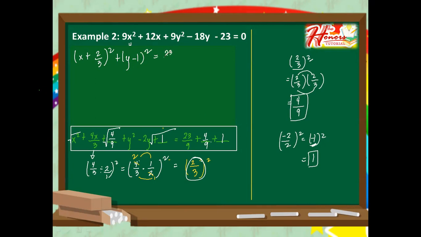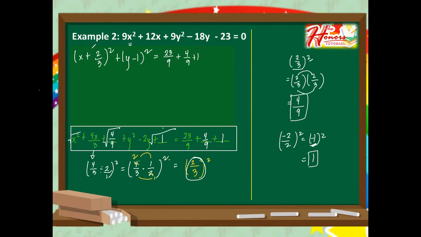Equals, let me just solve this for you. Let's copy this first. 23 over 9 and plus 4 over 9. Don't forget about plus 1.